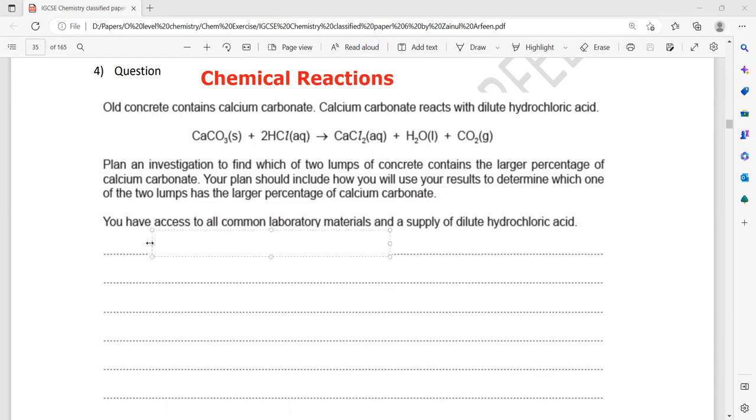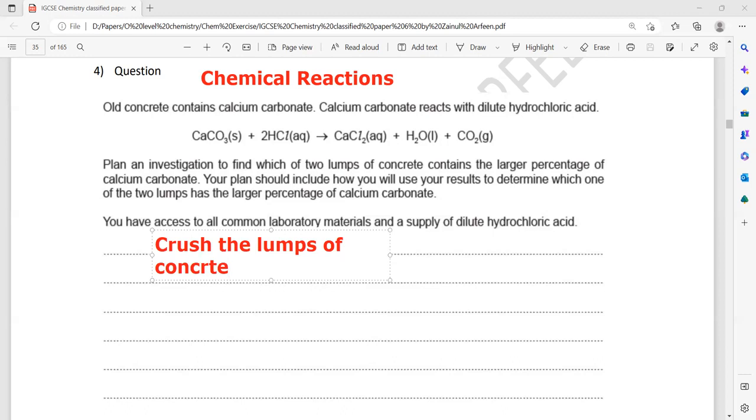So usually what we do, as I mentioned, lumps are there, so we crush the lumps of a known mass of concrete. First we crush and then we measure the mass. Crush using a pestle and mortar? Yes.